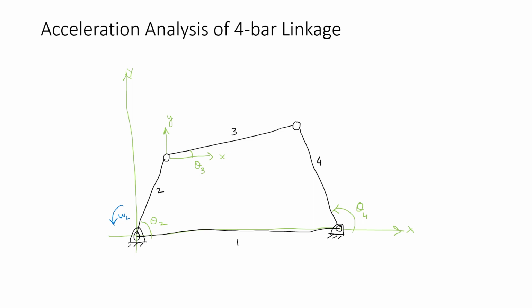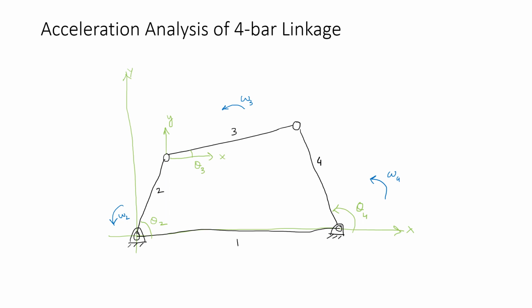And as a result of that, all the connected links are going to have movements imparted on them. And obviously these are going to have angular velocities as well. So this is going to be omega 3, and omega 4 is going to be right over here.